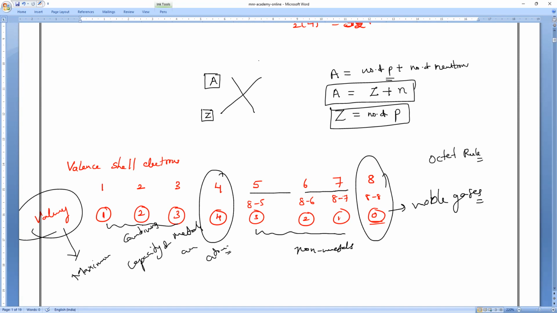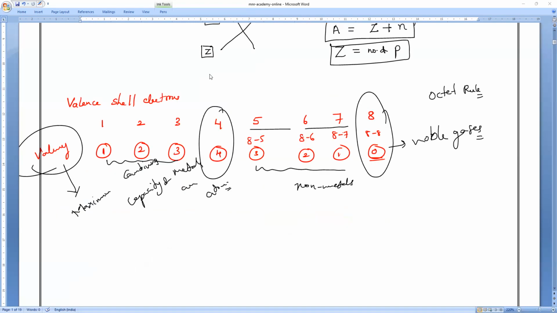So by seeing the electronic configuration, we can classify. That is the importance of electronic configuration. Now, the significance of electronic configuration, and then we'll proceed.